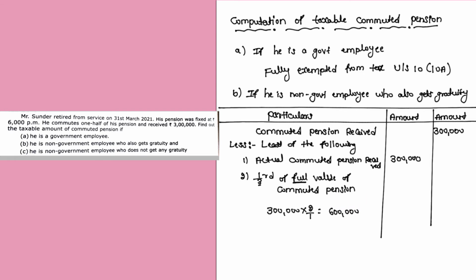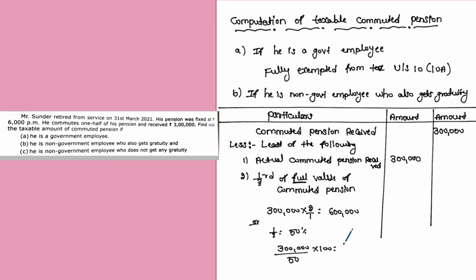Or we have one more method to identify that. 1 by 2 means 50%. Correct? So 3 lakhs for 50% means for 100% how much?